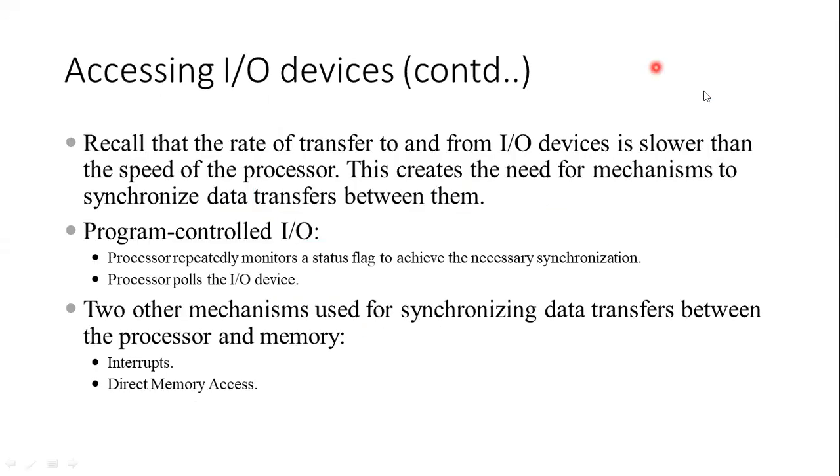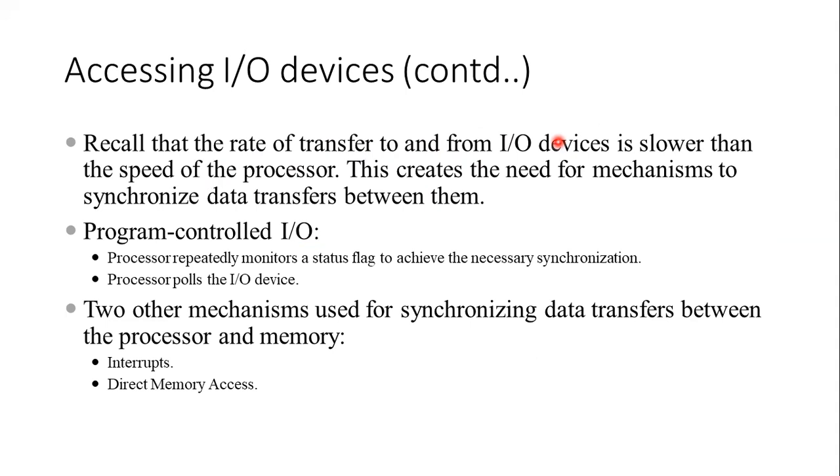Accessing an I/O device, in continuation of the last slide, recall that the rate of transfer to and from I/O devices is slower. As I told you, the rate of data transfer from I/O to the memory, or I/O to the processor, or processor to the memory, differs.